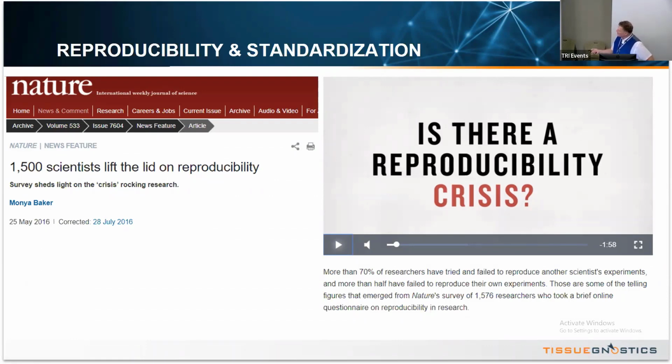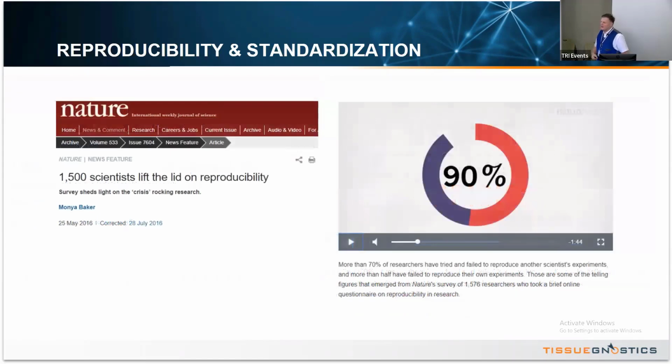There was a survey among 2,500 scientists, and 70% of the researchers indicated that they have problems or fail to reproduce published data. Another 20% said they even have problems reproducing their own data. So the question was raised, do we have a reproducibility crisis?